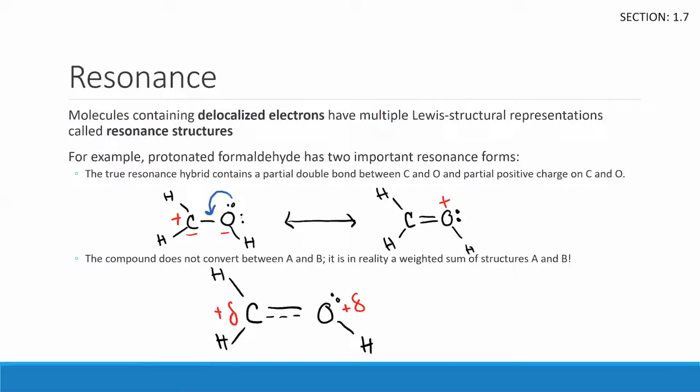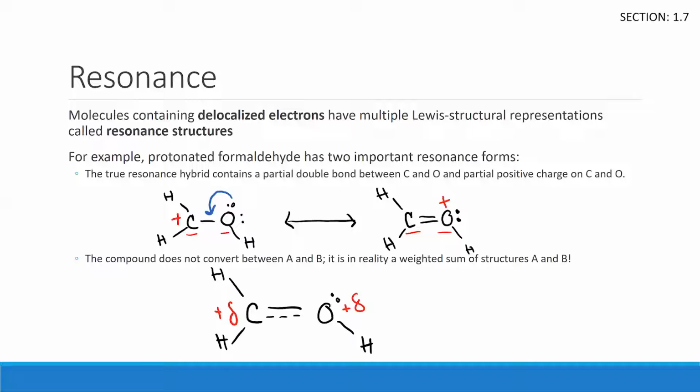One other form could be when one of the lone pairs moves from the oxygen to form a second bond. So we're forming a pi bond, making a double bond between the carbon and the oxygen. When this happens, be reminded of formal charges.